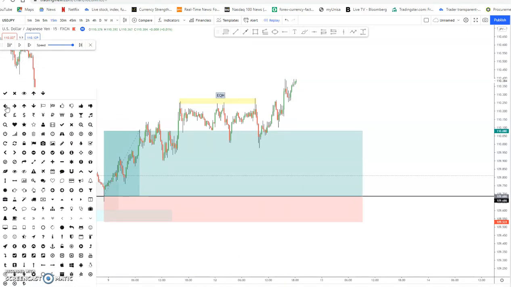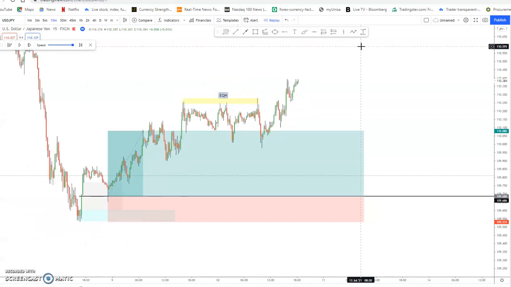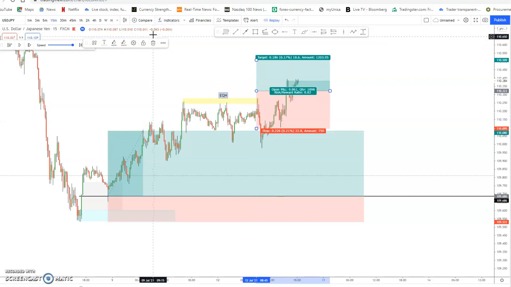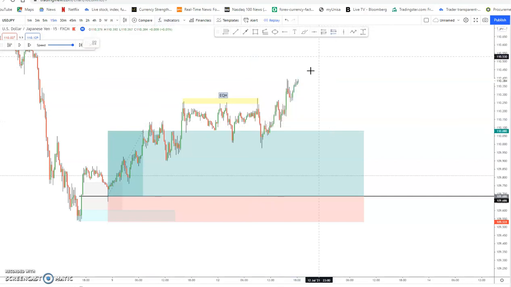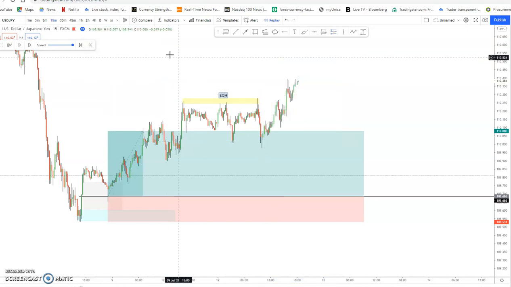So let's say, for example, this is obviously a resistance, which means there's either people trying to buy the market above the resistance or sell below the resistance.